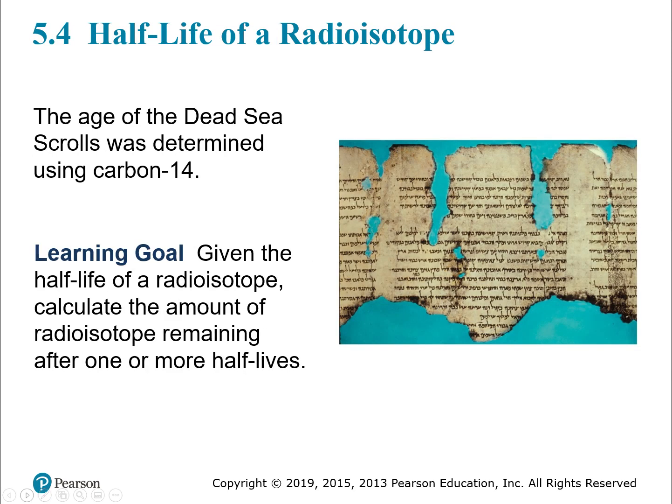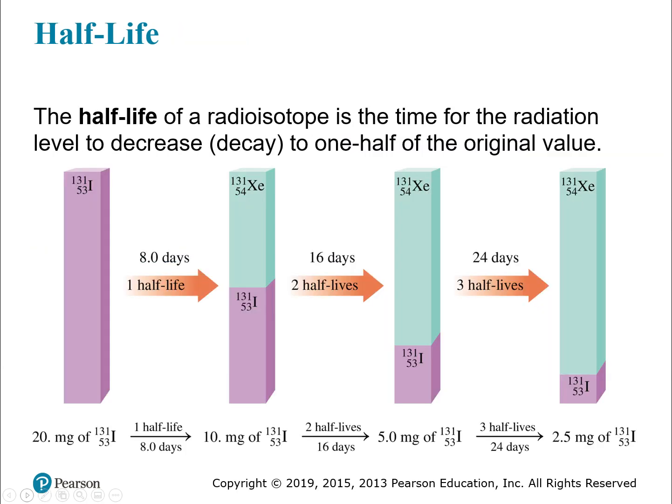So we can do some more calculations with radioisotopes. Radioisotopes eventually will decay. And when they decay, they're no longer a radioisotope, right? They change their identity. So we can talk about the half-life of a radioisotope. Given the half-life of a radioisotope, we can calculate the amount of radioisotope remaining after one or more half-lives.